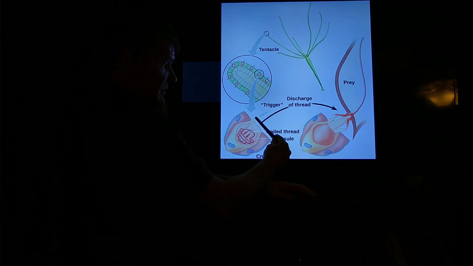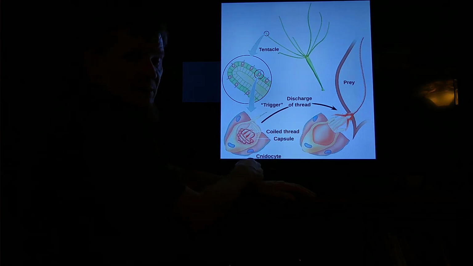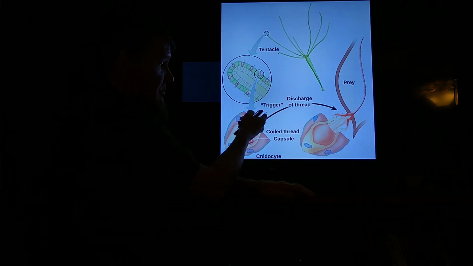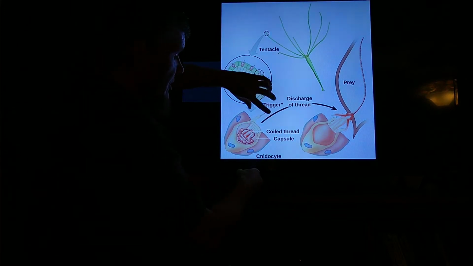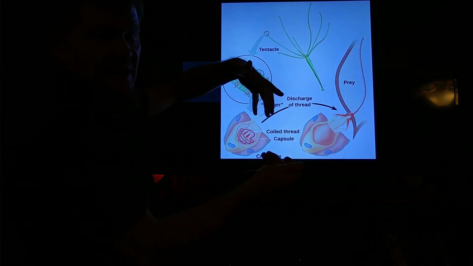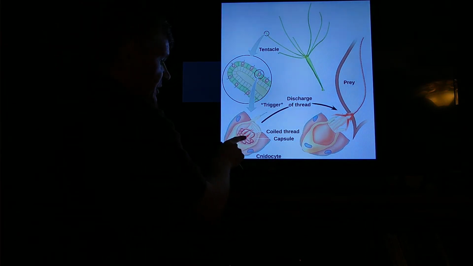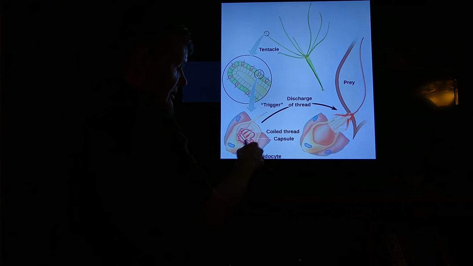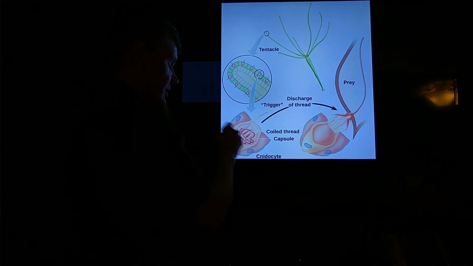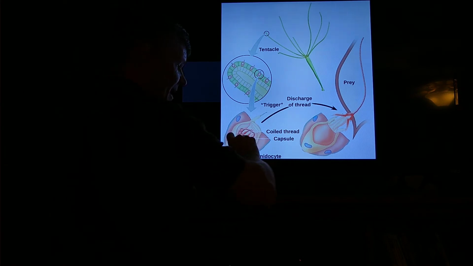They actually have a physical trigger. How did you get stung? You actually brushed that trigger. When you brush that trigger, it's kind of like opening the top on a soda can. You release the pressure. And when you pop the pressure, the actual stinger, the nematocyst, shoots out.